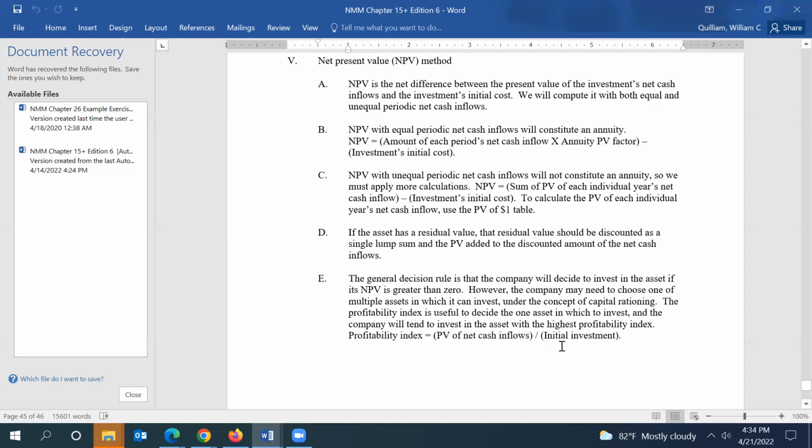Initial investment, we'd like to invest as little as possible in this project if we could get away with it. So we'd love to have a really high numerator, really low denominator. And if we do, that means we will have a high profitability index too. So go for the one asset with the highest profitability index.